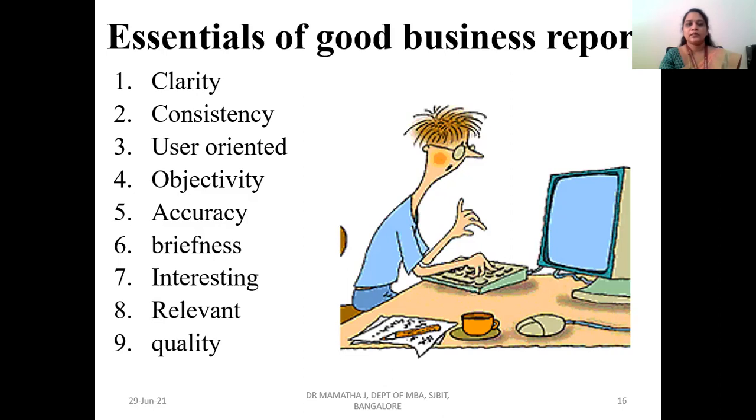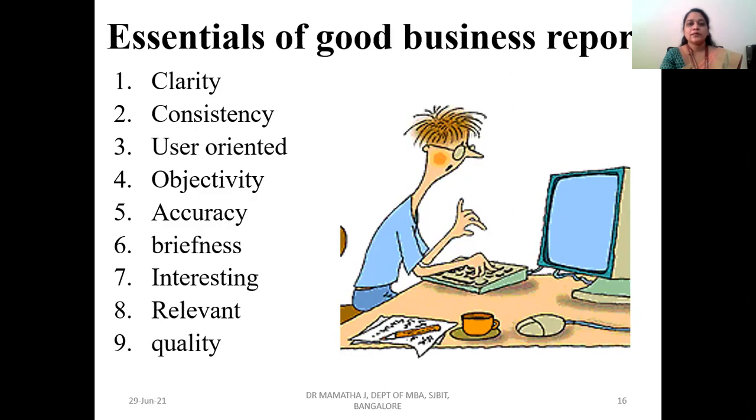So these are the essentials of a good business report. Whenever a researcher is writing a business report, he has to take care that the concepts or the problems or whatever is being drafted out in the report is clear, clearly understandable by the audience.